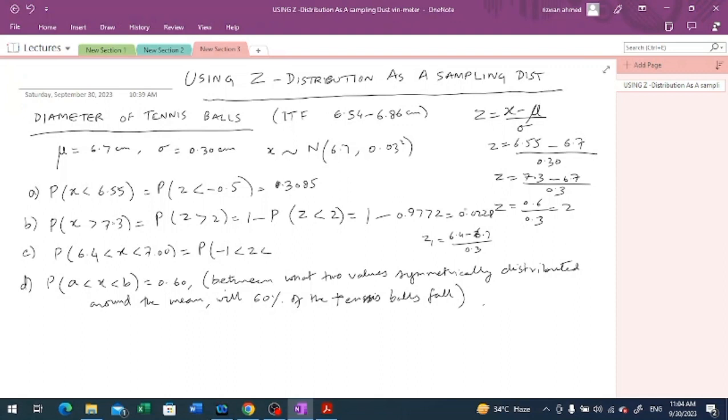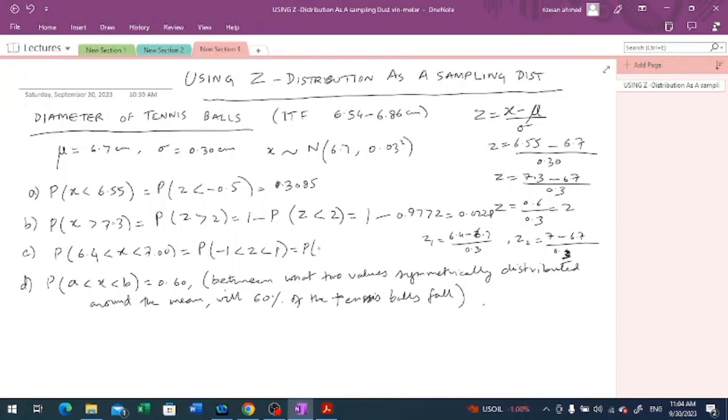Similarly, z2, which is the upper bound, will be based upon an x value of 7. Take away 6.7 from that, divided by the standard deviation of 0.3. 7 minus 6.7 divided by 0.3 gives us 1 as the z value.